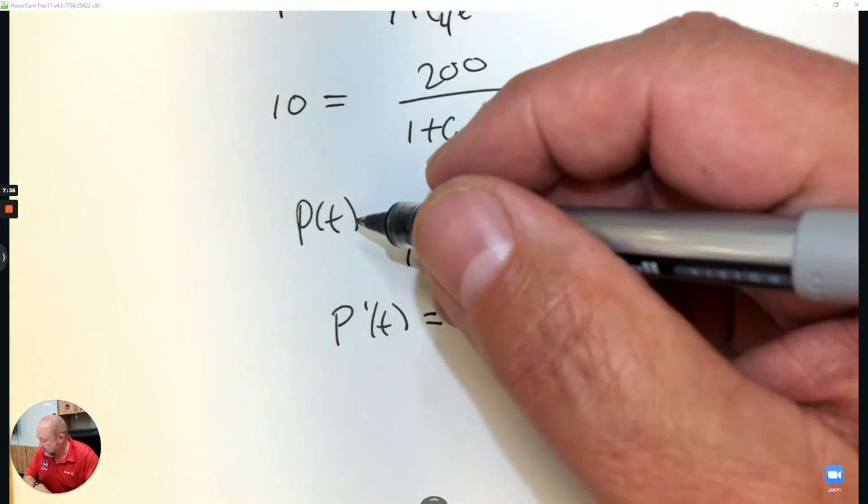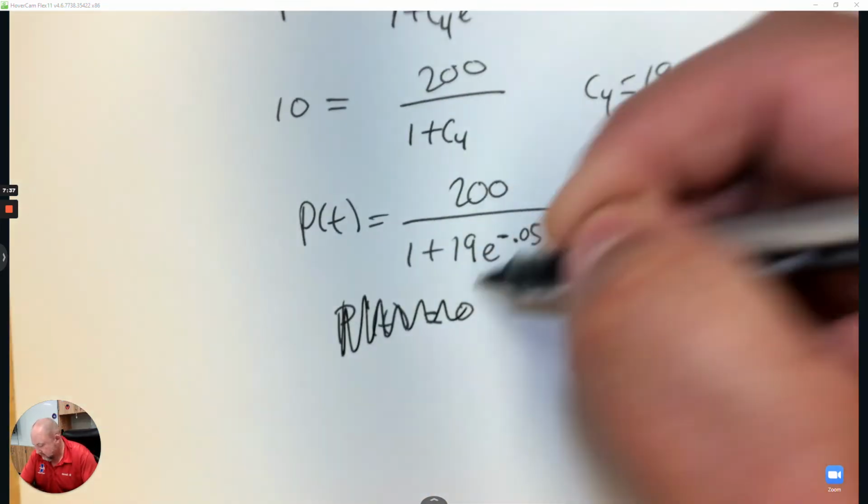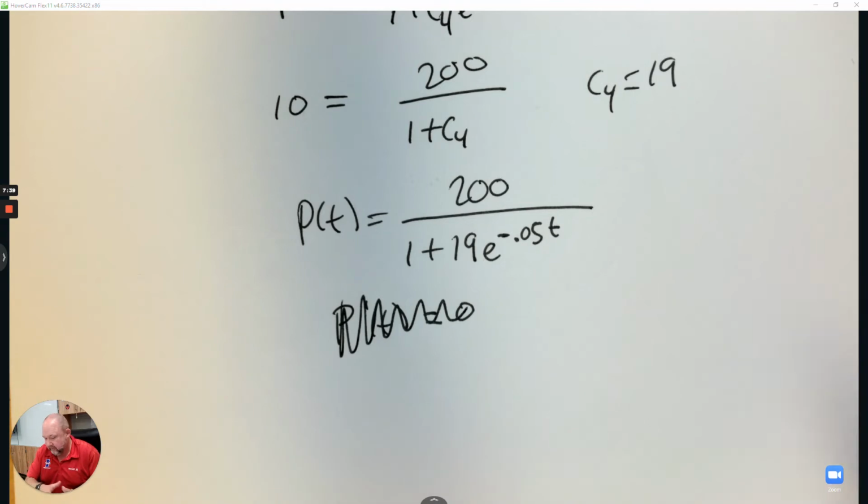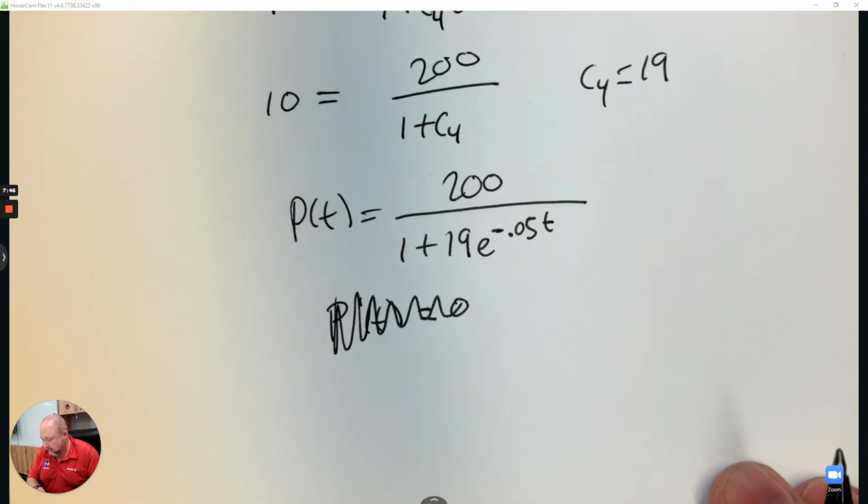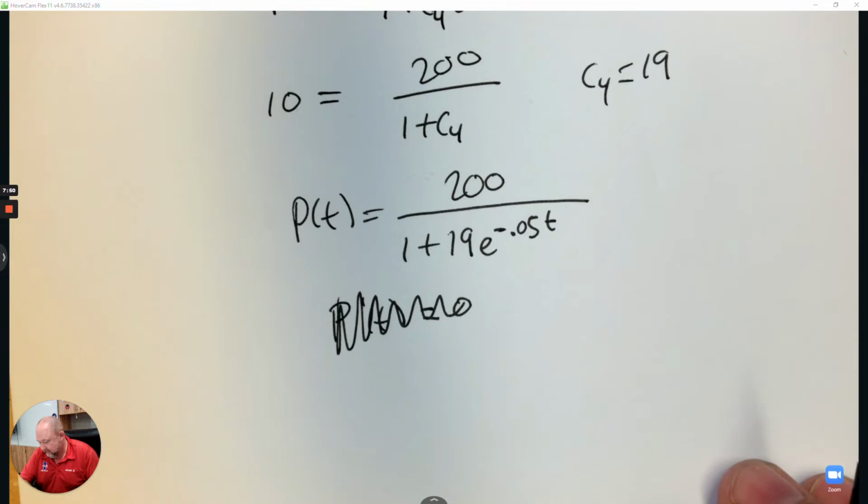This is the derivative of the derivative. So it's growing the fastest. Growing is the derivative. When is the derivative of the derivative equal to 0, in terms of when it's growing the fastest?